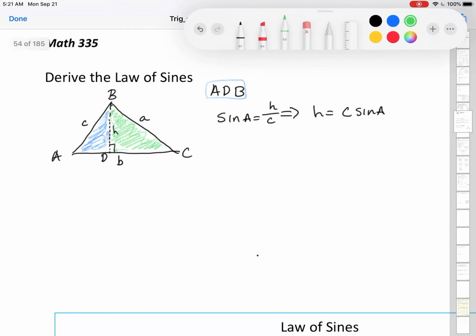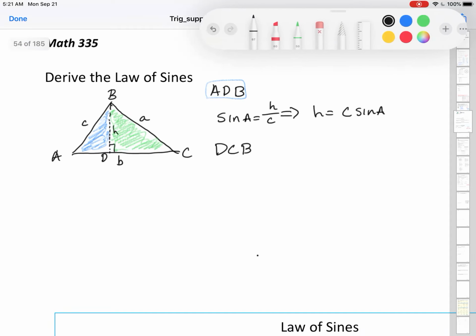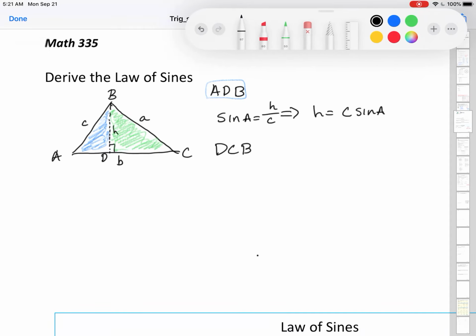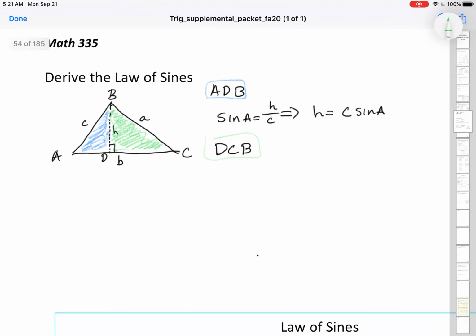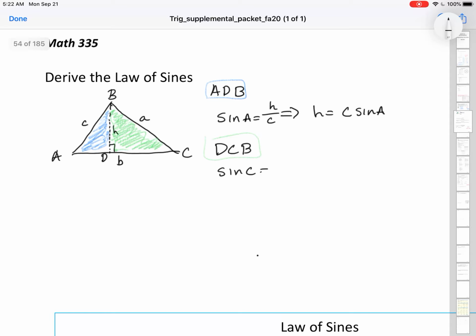So if I come in here and we look at triangle DCB and take a look at a relationship there, from DCB we get sine of C is equal to h over a. And so what does that imply? It implies h is also equal to a sine of C.